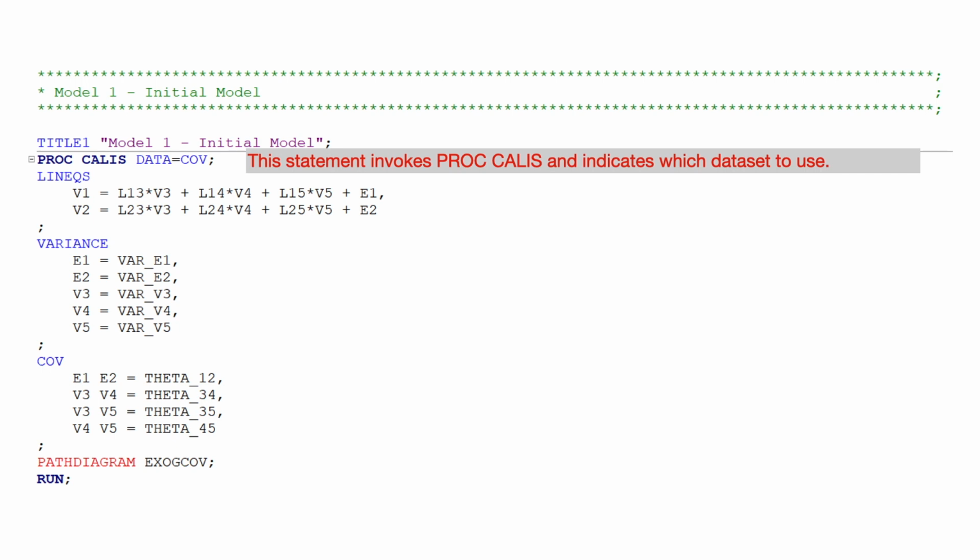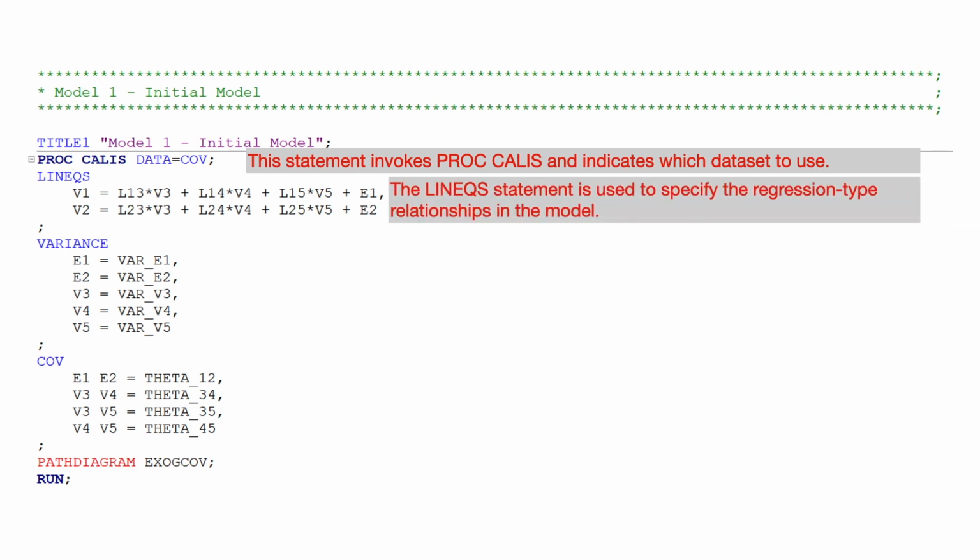So here we have the SAS code to specify this model to PROC CALIS. The PROC CALIS statement invokes PROC CALIS and indicates which dataset to use. The LINEQS statement is used to specify the regression type relationships in the model.